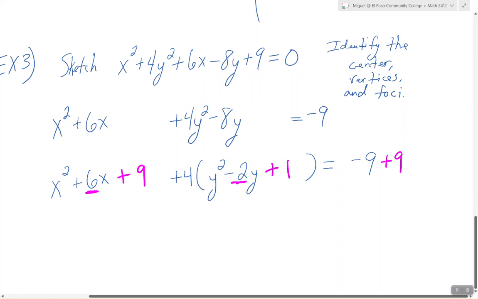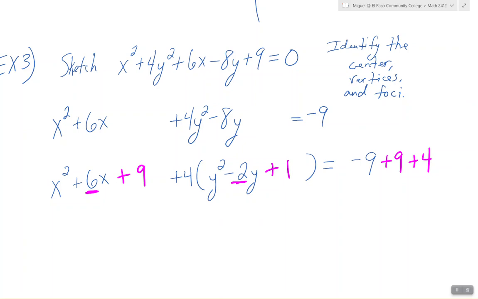And over here, when I completed the square, I added a 1, but it's not really a 1, it's actually a 1 times 4. So it's actually a plus 4 over there. Be careful with that when you have a coefficient out front that is multiplying the number.